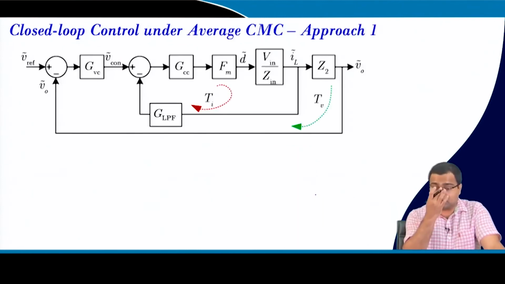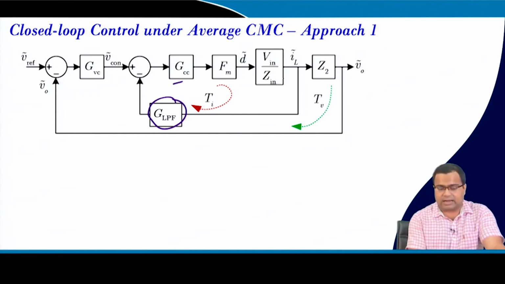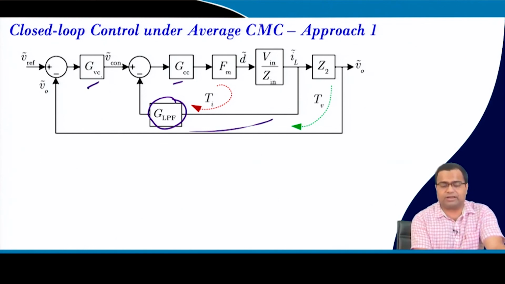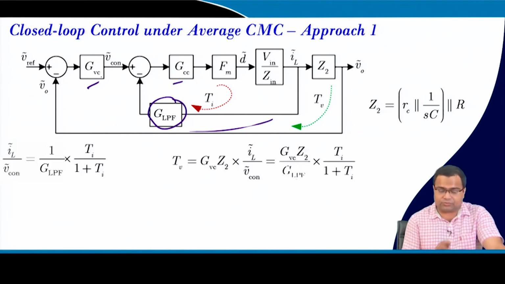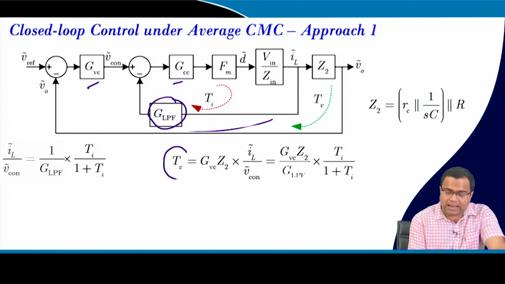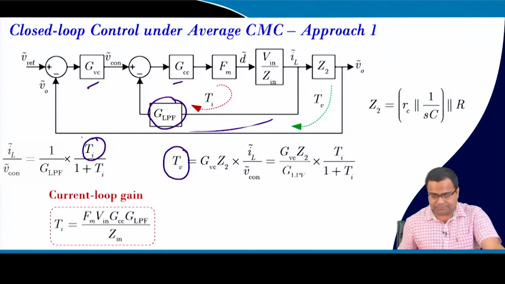Because this is a 2 loop control, in the inner loop we have this low pass filter, current controller, all this, and in the outer loop we have a voltage controller, right. So, we can derive the loop gain of the outer loop TV, and the loop gain of the inner loop, that we have discussed in the previous slide.